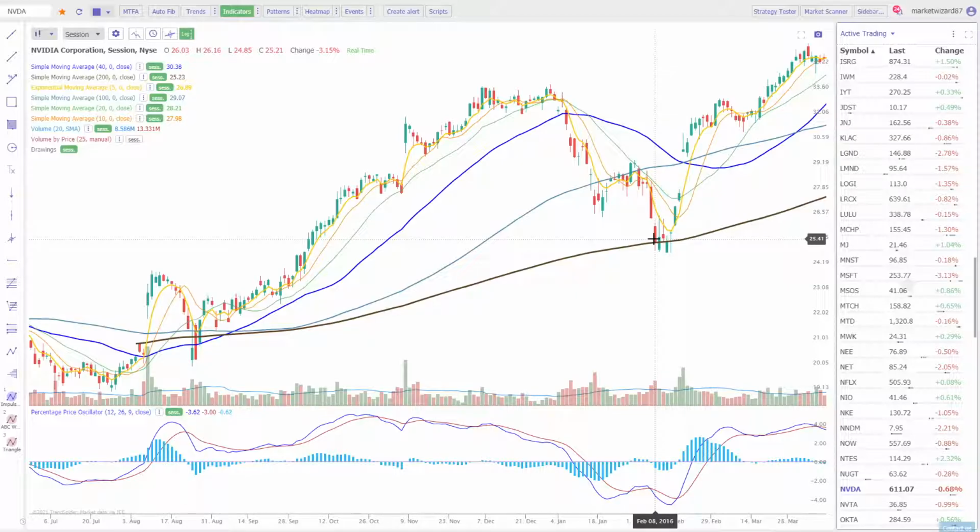And for investors that like to build a portfolio type approach and hold positions for long periods of time, accumulating at the 200 is generally your best bet.